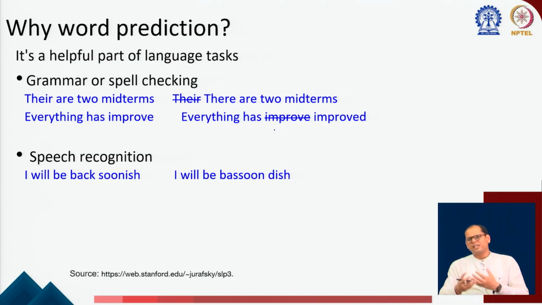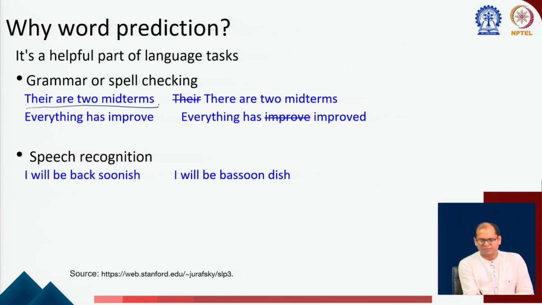Now why is word prediction or language modeling important? It's a helpful part for many language tasks. Think about grammar or spell checking. Suppose this is the sentence that is given to you. There are multiple ways you can correct this sentence. One is this: there is wrong and it should be there.